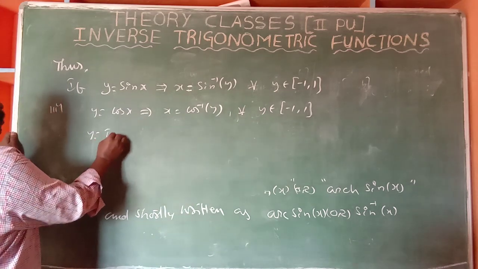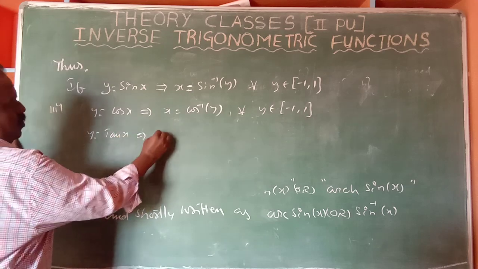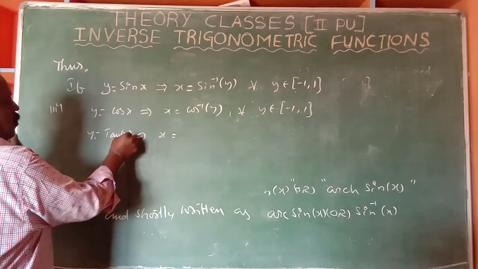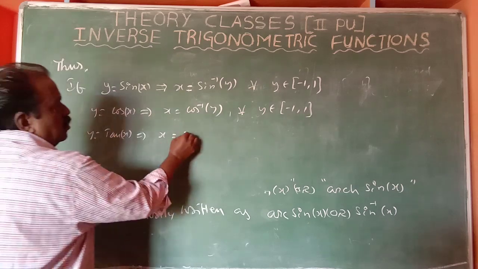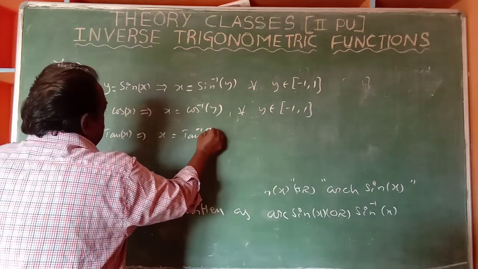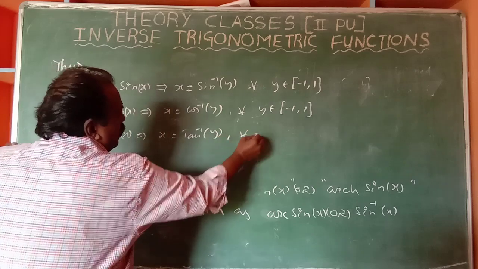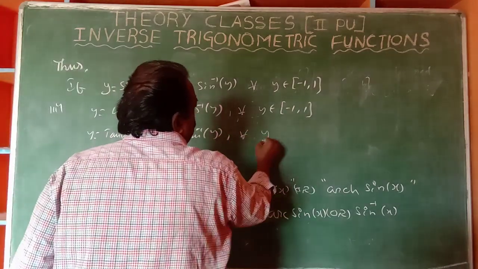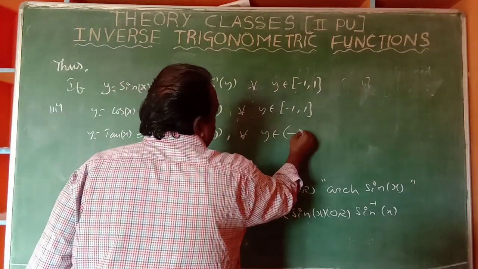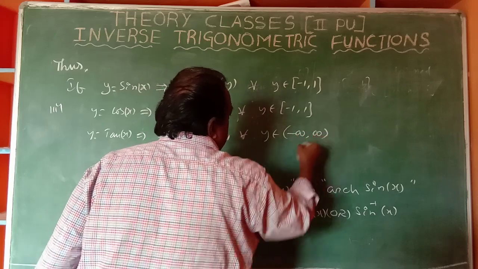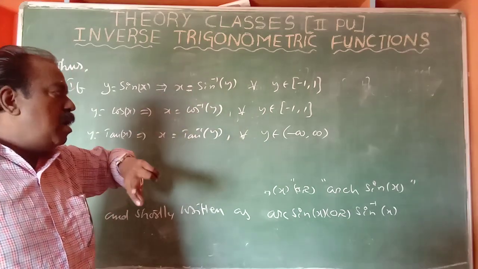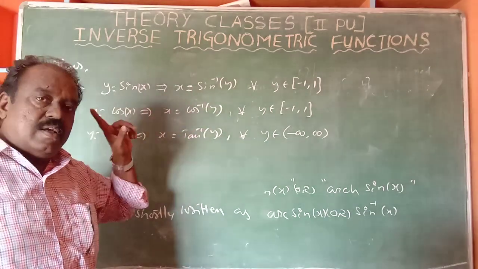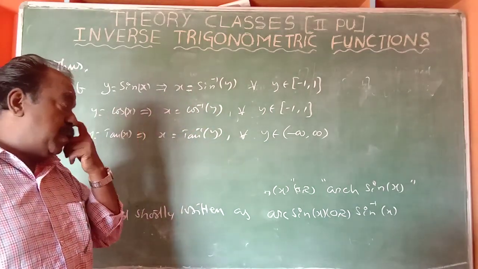Y is equal to tan x, then x is equal to tan inverse y, for y belongs to minus infinity to infinity. All these things are taught in the trigonometric equation chapter.